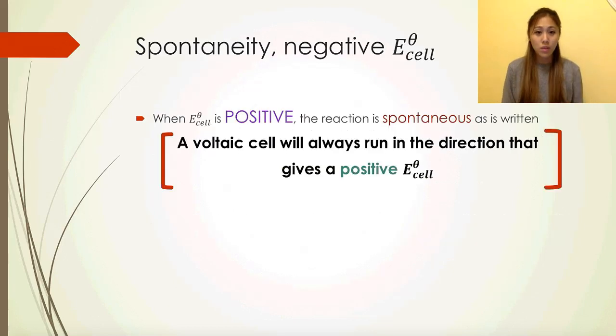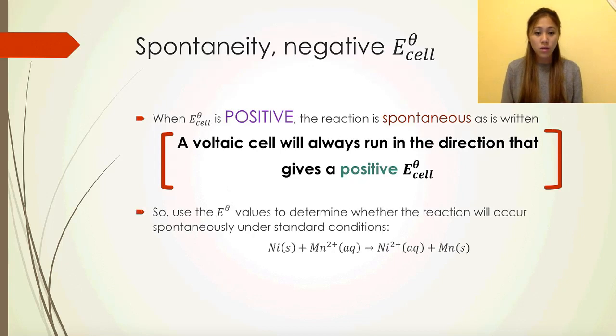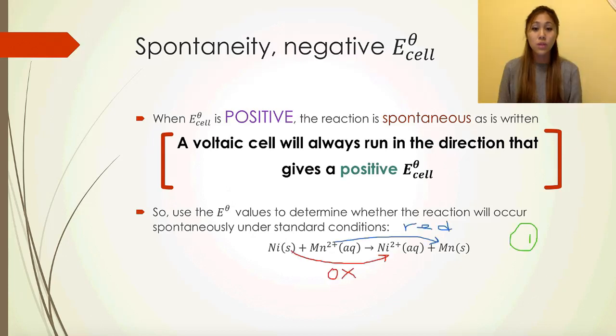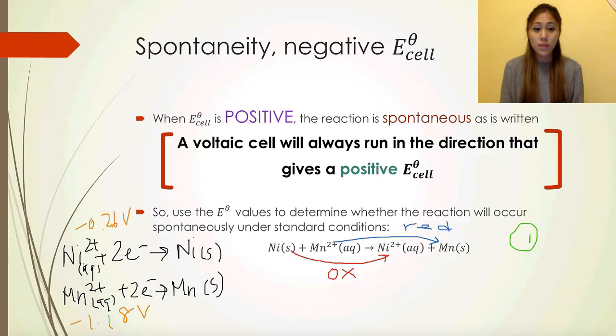So now let's come back to this slide and figure out this question. How do you use the values to determine whether the reaction will occur spontaneously under standard conditions? Here is a reaction between nickel and manganate ion. So step one, we figure out that nickel is the one being oxidized and the manganese is the one being reduced. We then find these two half reaction equations on table 24 of the data booklet.